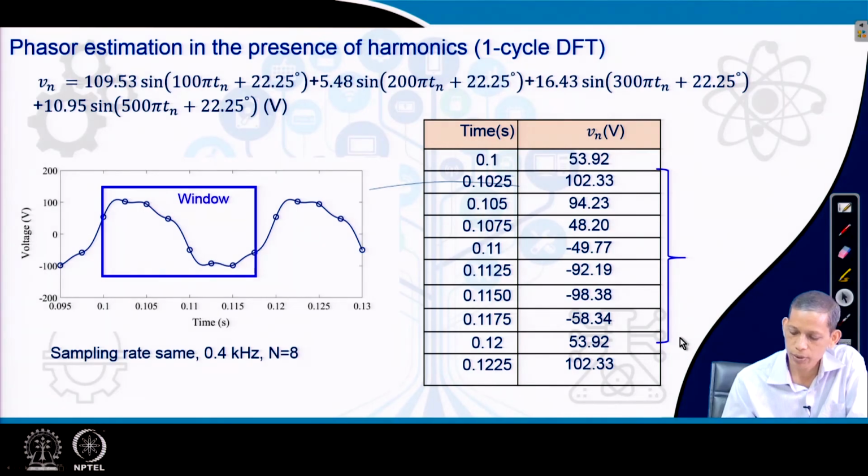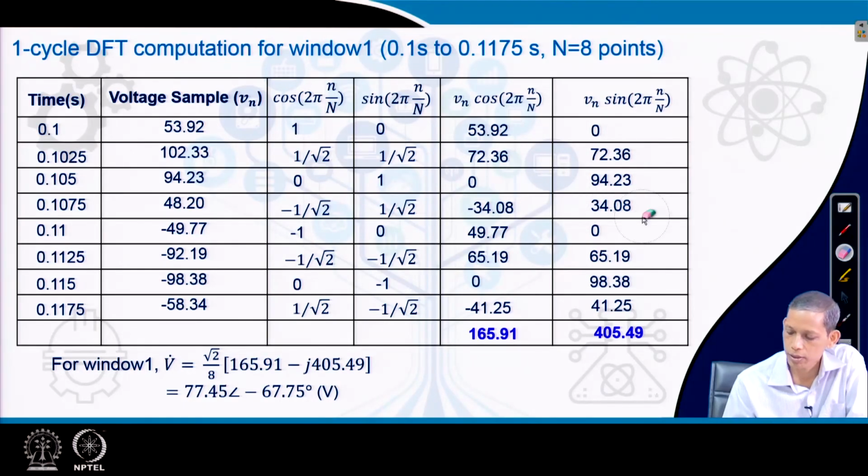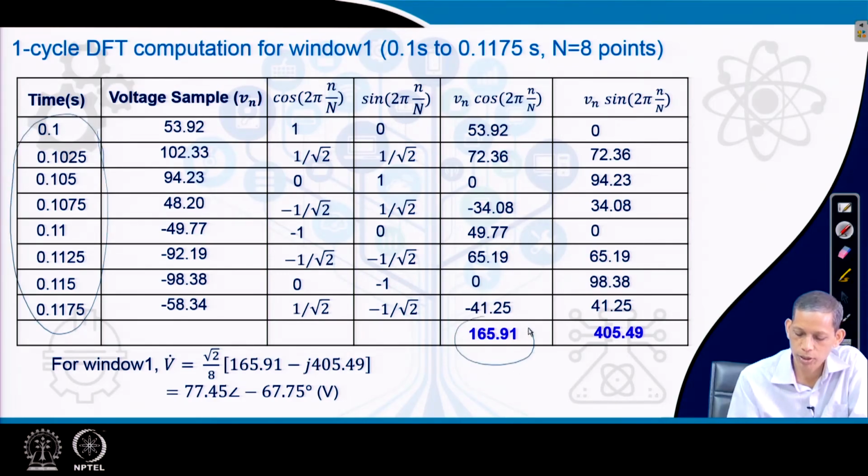So, the calculation reveals that for that window, applying similar steps, for the same one cycle of data, the real part becomes this and the imaginary part comes out to be 405.49.